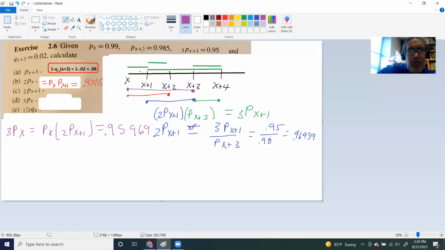Now the very last one, and let's go back to say red. The very last one, the deferred mortality 1|2qx. This is the probability that a life age x makes it to 1, but does not make it to 3.